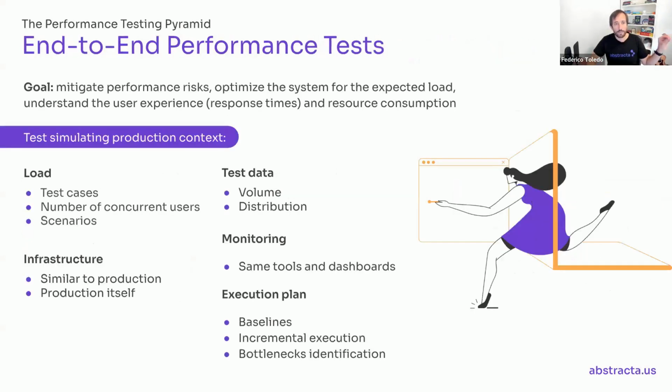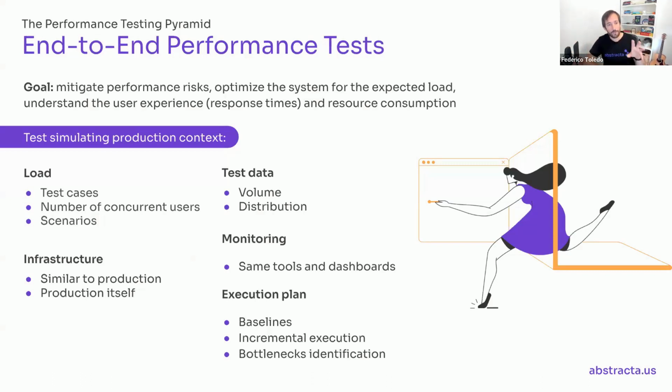And then for the end-to-end performance test, that I already explained a lot at the beginning when talking about the traditional approach to performance testing. But something to add to that is that the goal here is to mitigate the performance risks, right? And focusing on the user experience, the response time, and also the resource consumption of the different servers in the backend mainly, right?